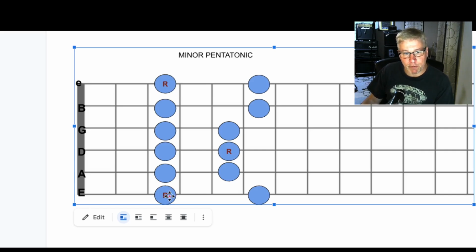The number of notes is exactly 5 because it's the pentatonic scale. So the root note, 2, 3, 4, 5. And then we start over with the root note, 1, 2, 3, 4, 5. And there's another root note. Since the guitar just goes on forever, 1, 2, we'd wrap around here, 3, 4, 5, and then it just starts all over again.